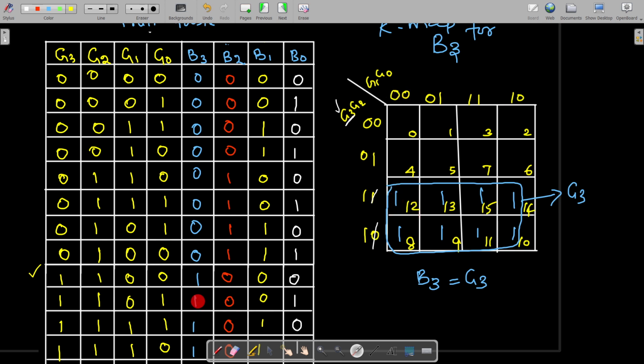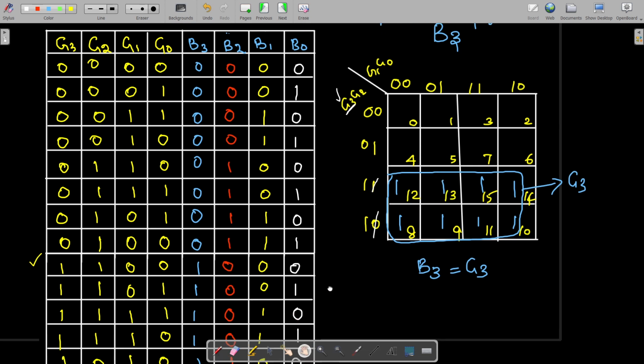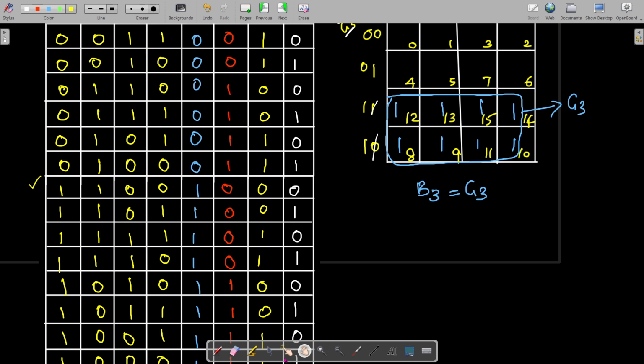Then look at this one, that corresponds to 1101. So where is 1101? This 11 and then 01 here, so it is 13. For 13 you have to place a 1. Like that you have to place the ones. Then the next value is this one, that corresponds to 1111.